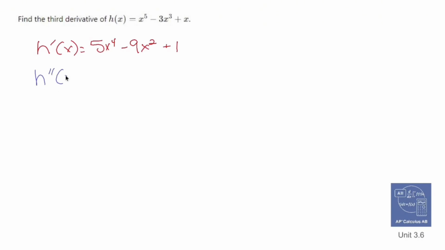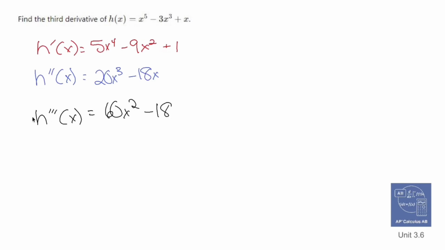The second derivative is going to be 20x to the 3rd minus 18x, you're gone. Third derivative is going to be power rule, power rule. And that's going to be 20x squared minus 18. So a pretty lovely problem, just had to do some math.